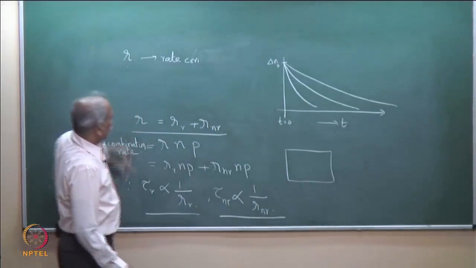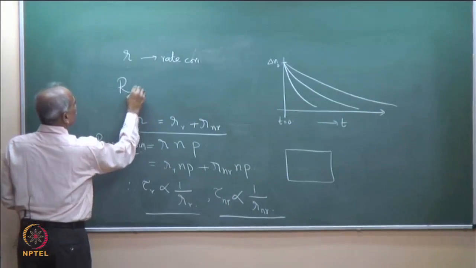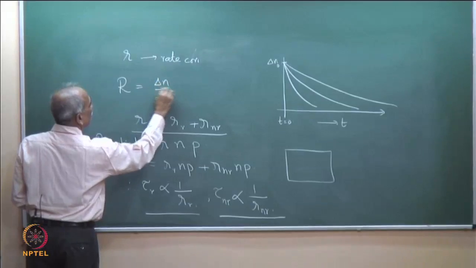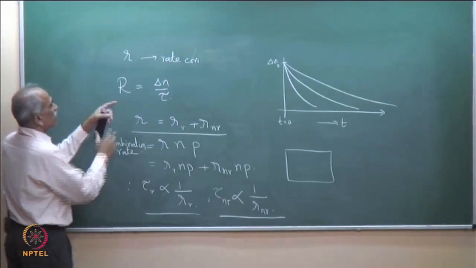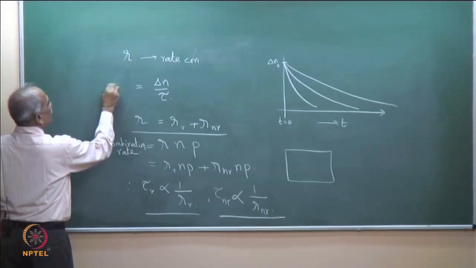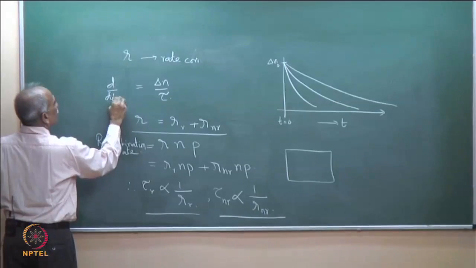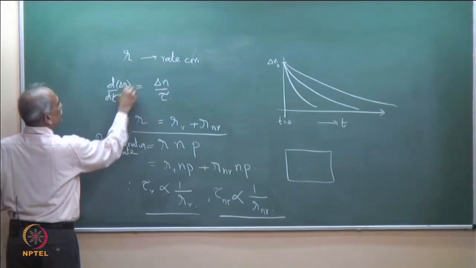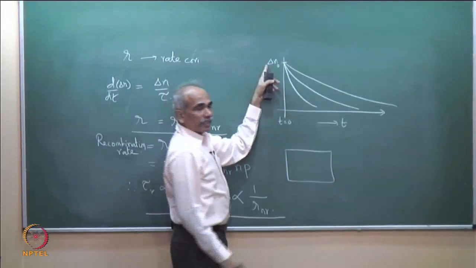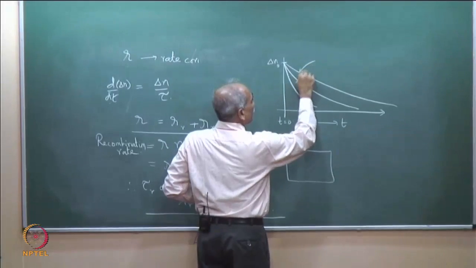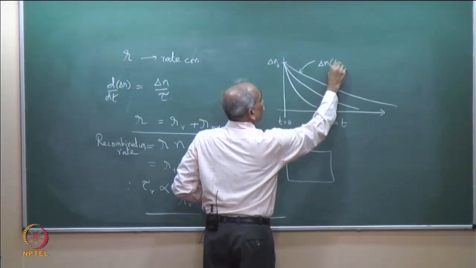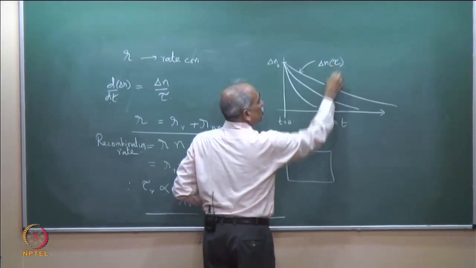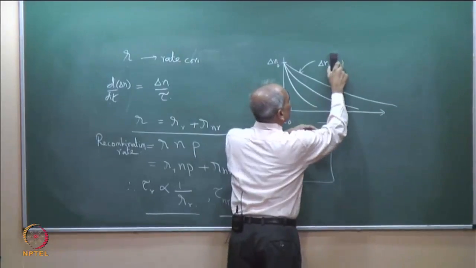And the tau that you have, you can find from this expression, delta n by tau. So, this is nothing but d by dt of delta n, which is a function of time. This is delta n 0, but what we are plotting is delta n with time, how the excess carrier concentration is changing with time in the material.